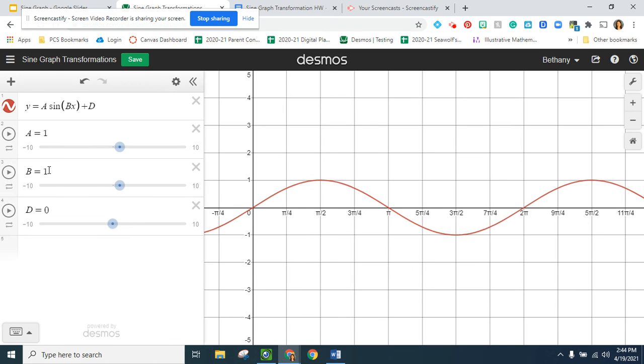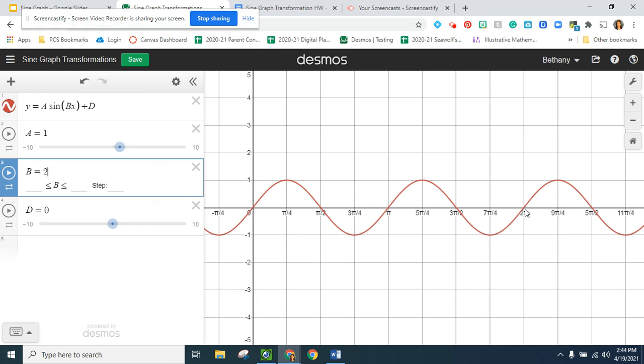So let's say I'm going to make my B value 2. Right now, you can see here I'm ending at 2 pi. If I change B to 2, yes, I'm still ending at 2 pi, but now instead of one sine curve happening from 0 to 2 pi, I have 1, 2 complete cycles of sine happening between 0 and 2 pi.